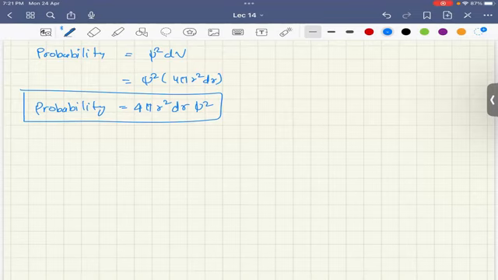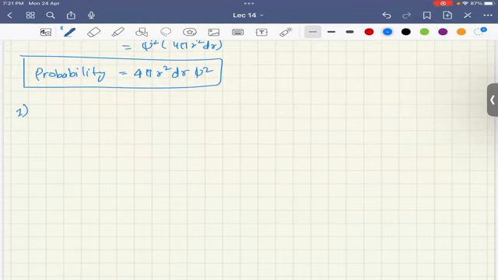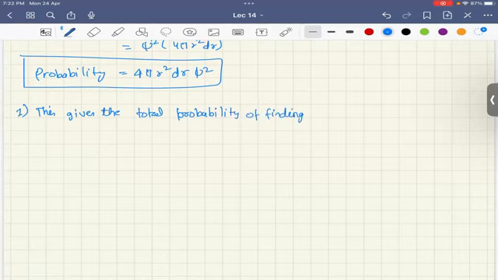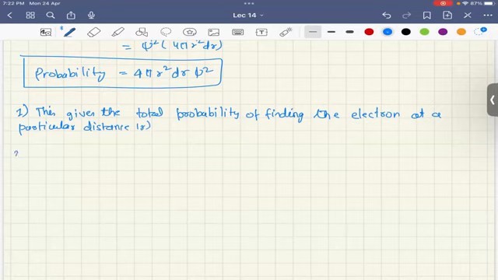Let us write this down. This gives the total probability of finding the electron at a particular distance r. This is called the radial probability.